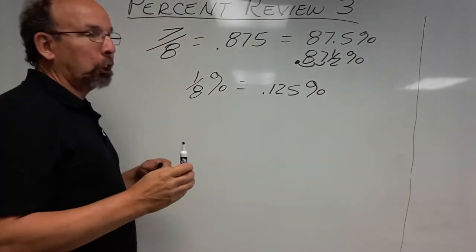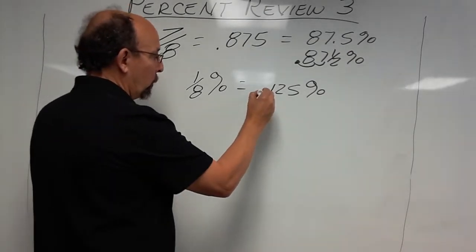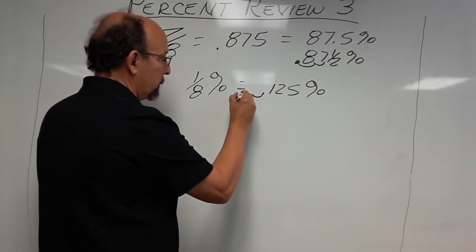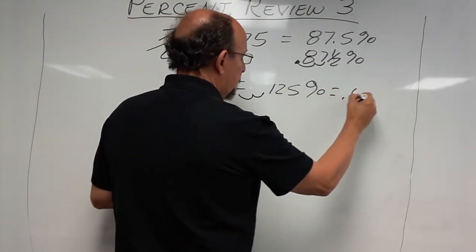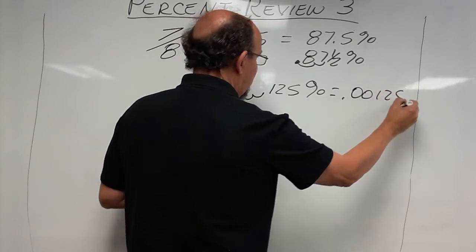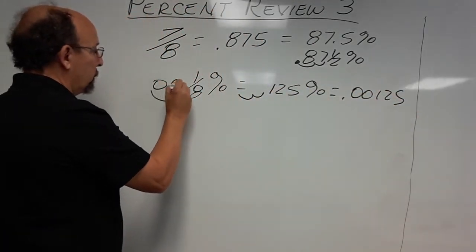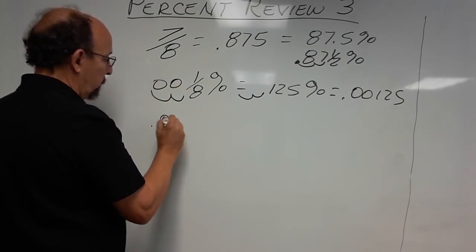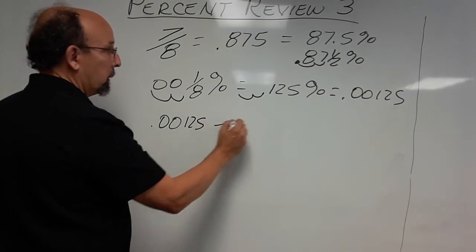You haven't changed it yet all the way over to a decimal. Now I have to go 1 two places. So that is equal to 0.00125. Or you can think of it as 1 two places, 2 zeros, 0.00, and then 125. All right? Same things.